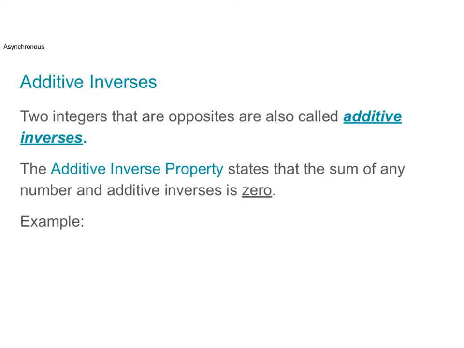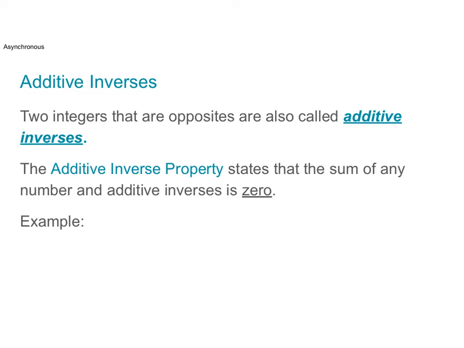Next, we have additive inverse. Two integers that are opposites are also called additive inverses. The additive inverse property states that the sum of any number and its additive inverse is 0. You're like, what do you mean, Mrs. Sinclair? Well, that means when I add the opposites together, I'm going to get 0.